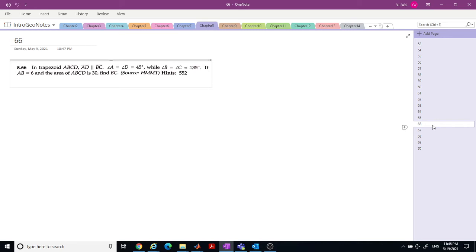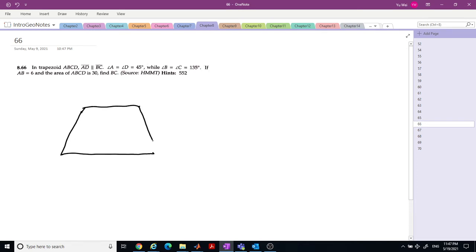Next, we have a trapezoid ABCD. If angle A equals angle D equals 45, that means it's an isosceles trapezoid, 45 and 45, and then B is 135, C is 135.